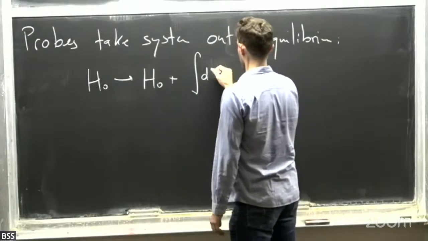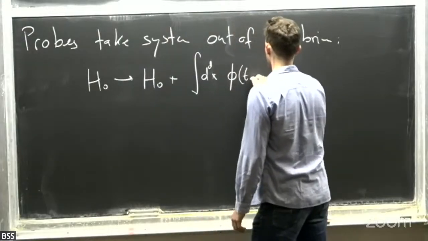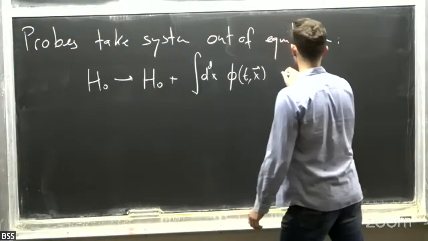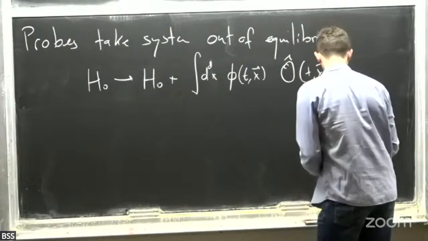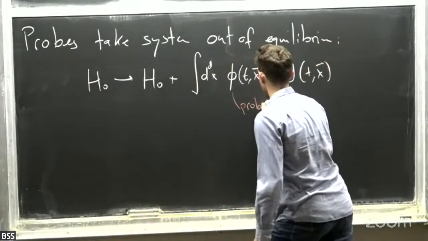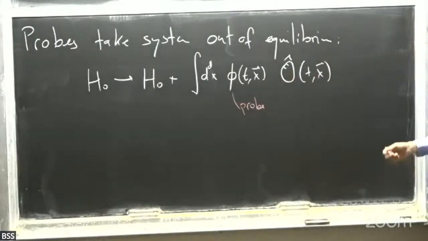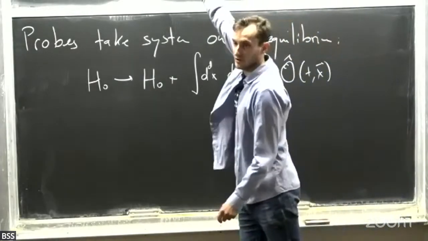Let me write things in continuum notation, but it's not too important. This is my probe. And probes generically couple to some operators of your system, and they will turn on new terms in your Hamiltonian that depend on time. And that will take your system out of equilibrium.